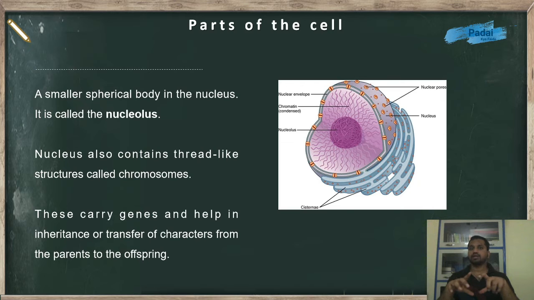You must have heard people saying that you look exactly like your dad, or you look exactly like your mom, like her eyes look like her mom's, or his hairstyle is like his dad's. We hear such comments from people. The only reason is genes. These genes carry the traits, or the characters, from your parents to you.